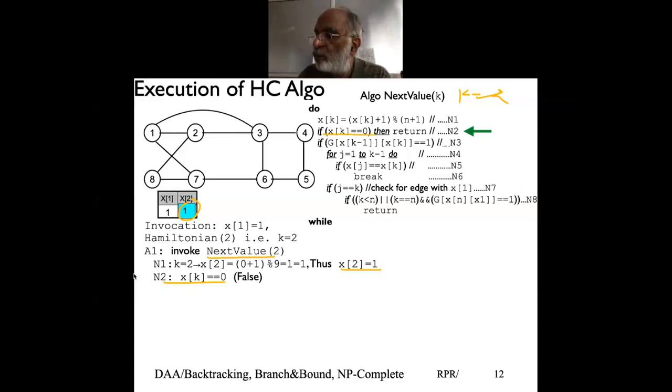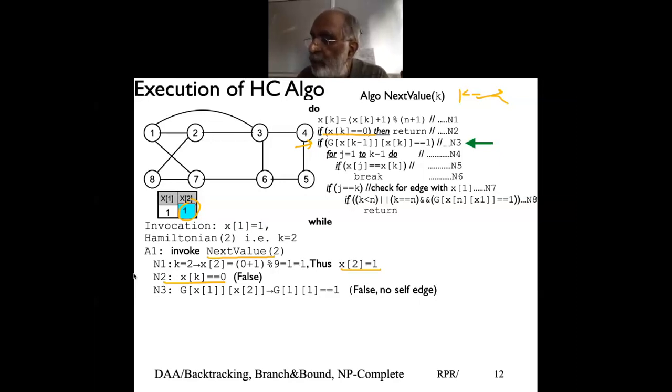This is not 0 because x2 is equal to 1, so this condition is false. Come to the next place. Is there an edge from x1 to x2? Now x1 is 1 and x2 is also 1. From 1 to 1 there is no edge, there is no self edge, so this condition is false.